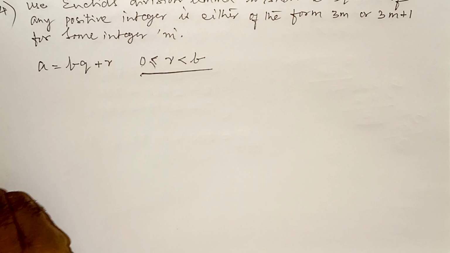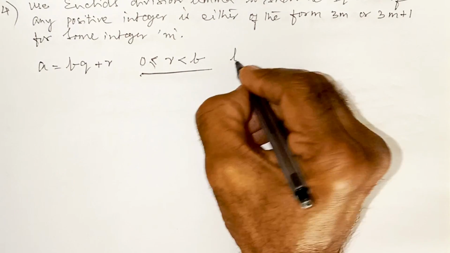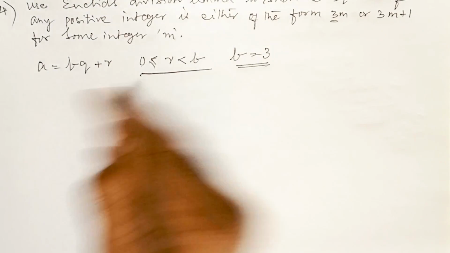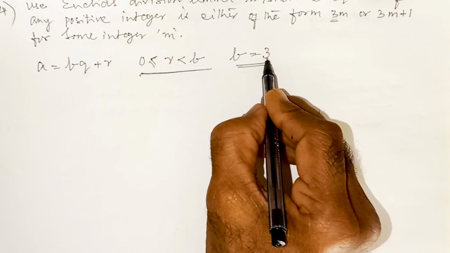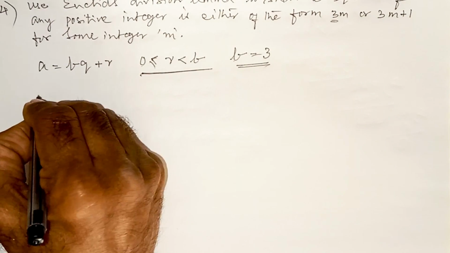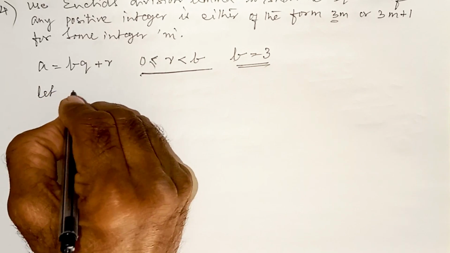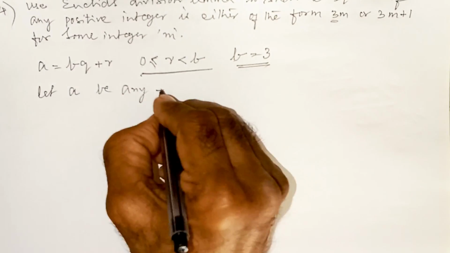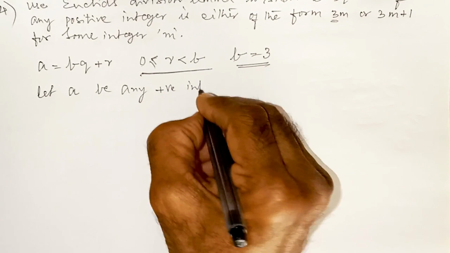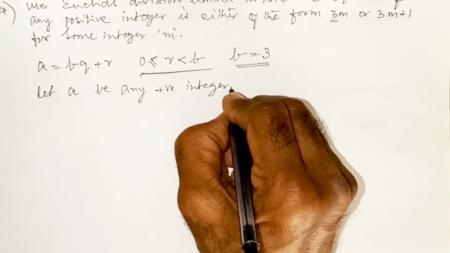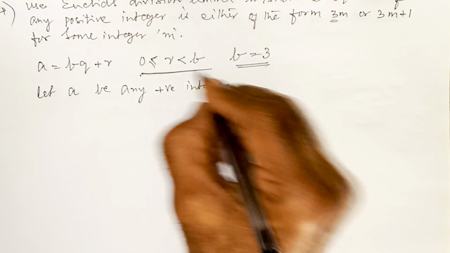Now, let us start, and we know the value of b here in this question, which is 3. So for the calculation, we use b as 3, and we'll start now answering. Let a be any positive integer. Now, we also should know all the possible values of r.